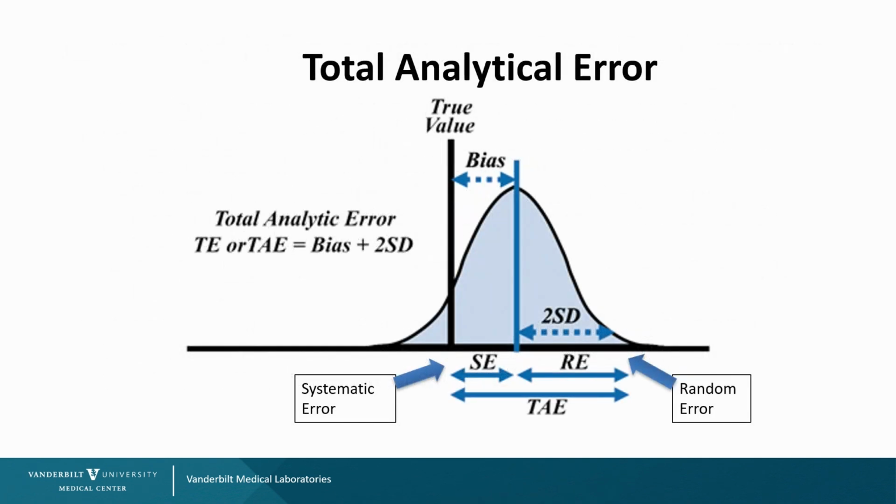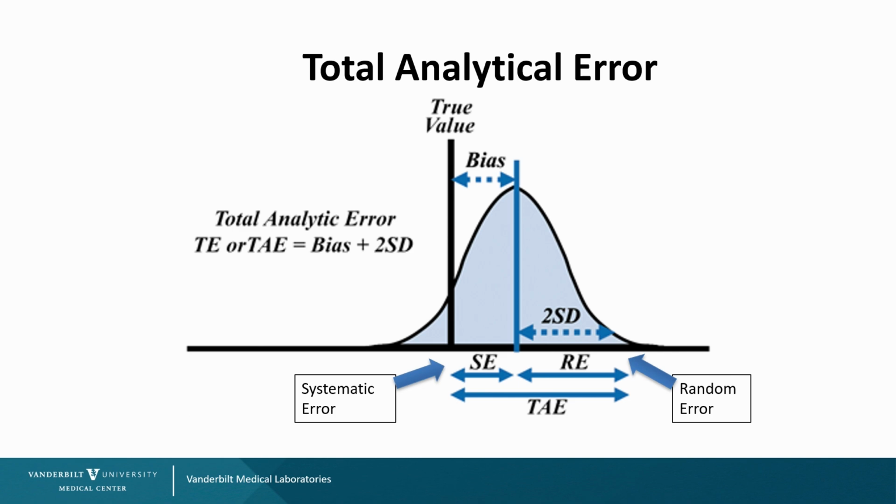This combines both bias and our total analytical error, bias and systematic errors. So bias is our systematic error, we can see here, and our random error, which is the spread of data. In terms of combining, this is our total analytical error, which combines bias and 2 standard deviations.